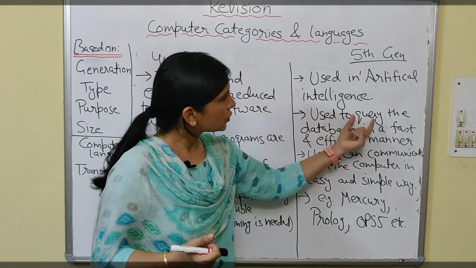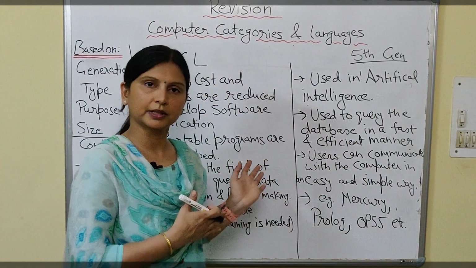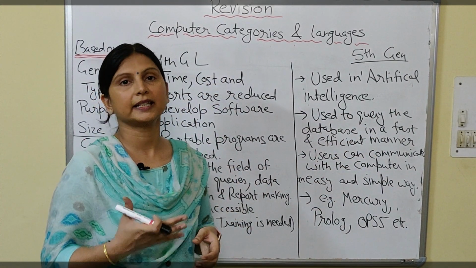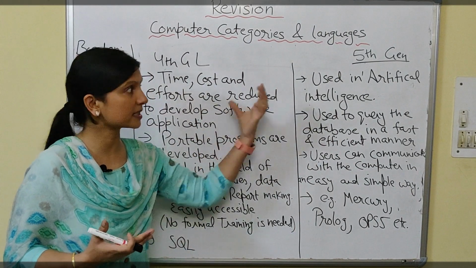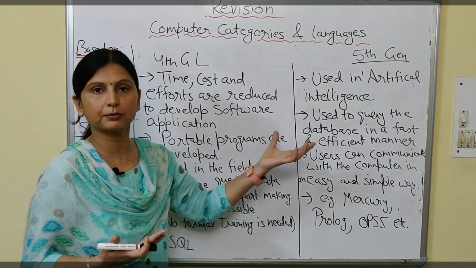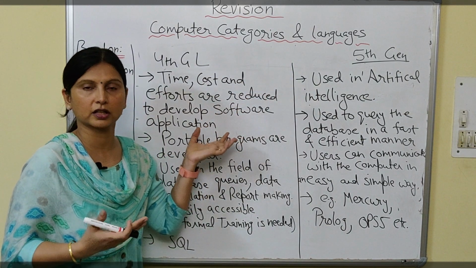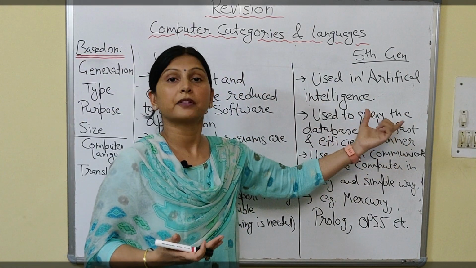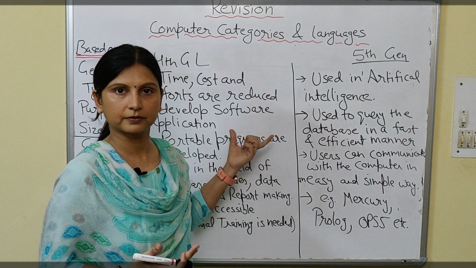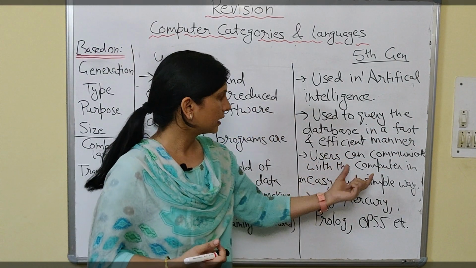It is also used to query the database, same purpose, but in a faster and more efficient manner compared to the fourth generation. Because it's the next generation, definitely it will be better than the fourth generation.